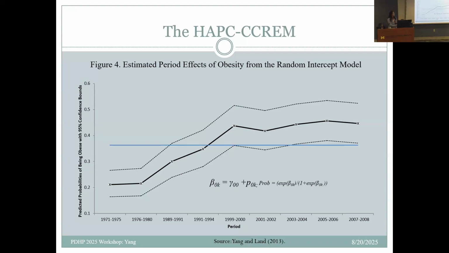We can plot the estimated coefficients out where the y-axis is the predicted probability of being obese with the 95% confidence interval. The blue line, what does the blue line mean? Anybody can take a guess? Where does the blue line come from?